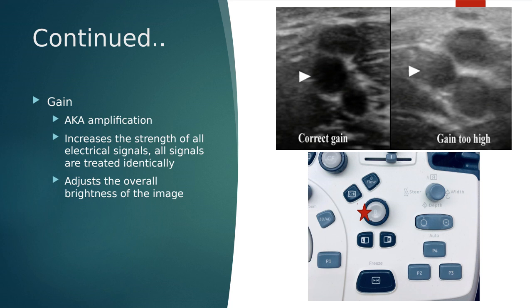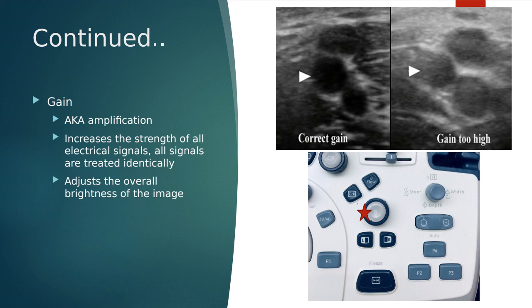Gain is another really important control that we are adjusting quite a bit. It's something that we have probably adjusted in lab, but maybe I didn't talk about it too much. Gain is also known as amplification. So it's basically saying to the machine, I either need you to strengthen all of the signals that we're getting, or I need you to weaken all of the signals that we're getting.